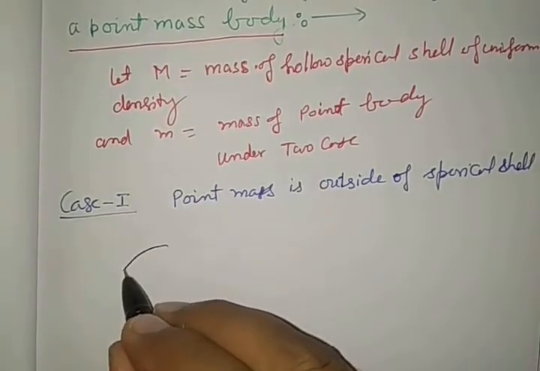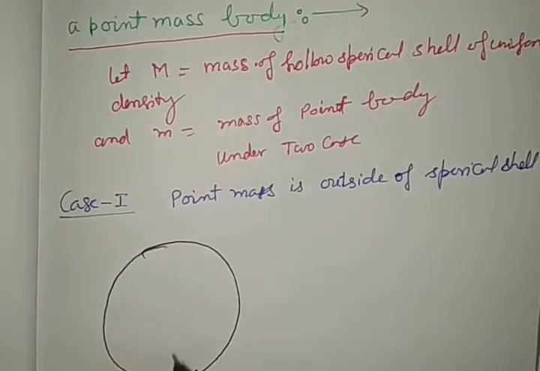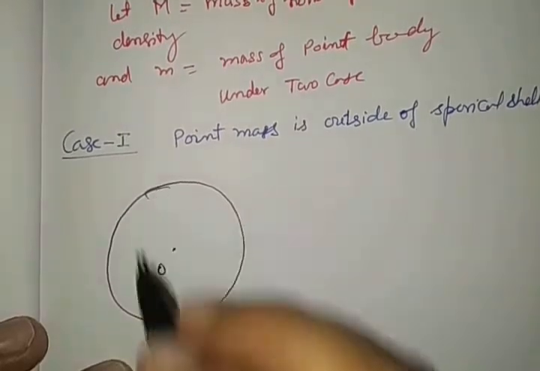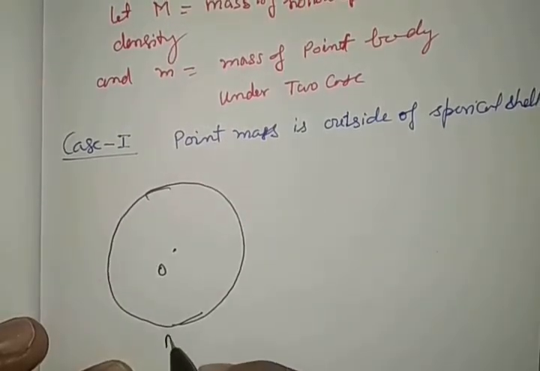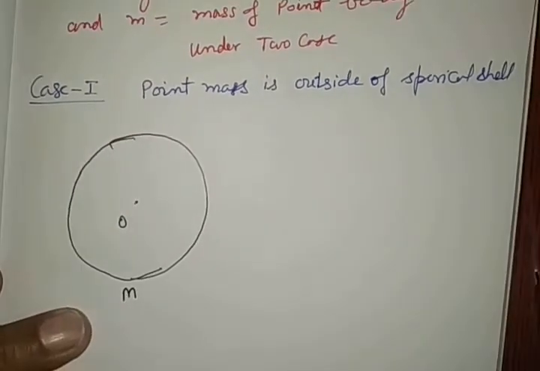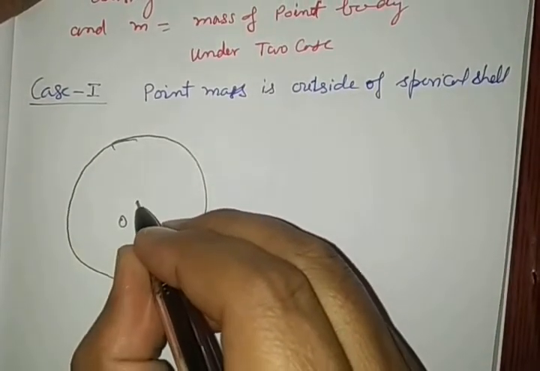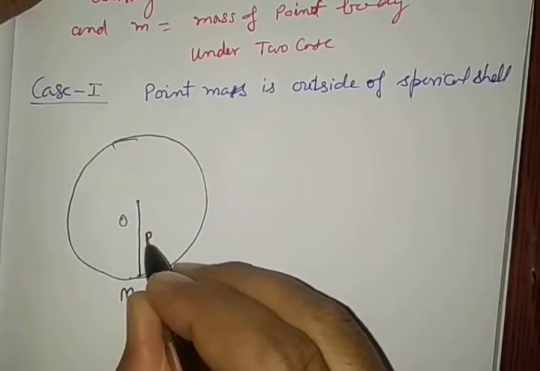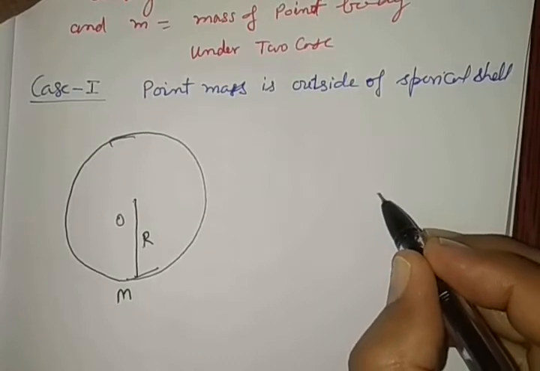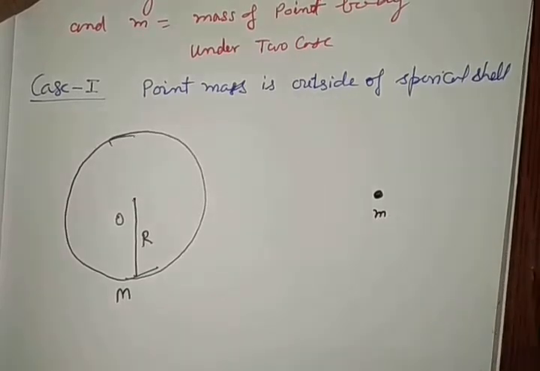Suppose we have a hollow spherical cell body. Let it have center O. Its mass is capital M, and let its radius be capital R. Another point mass body is kept here, let its mass be small m.